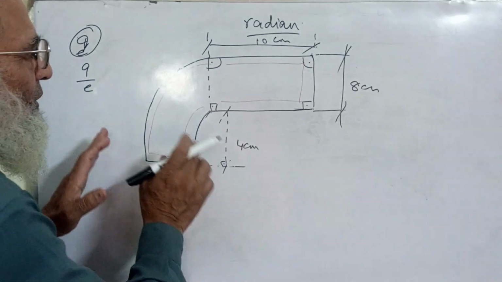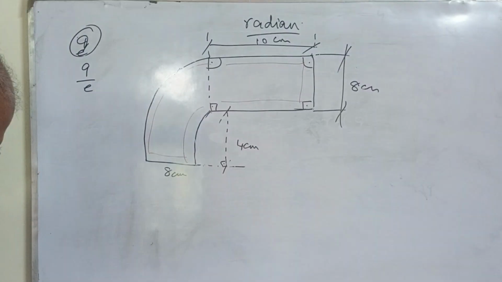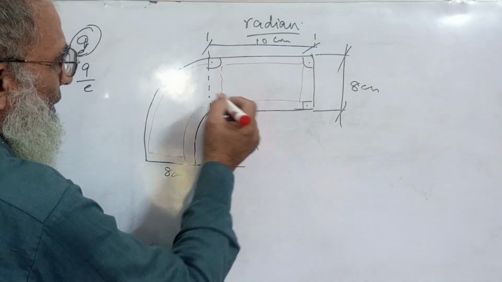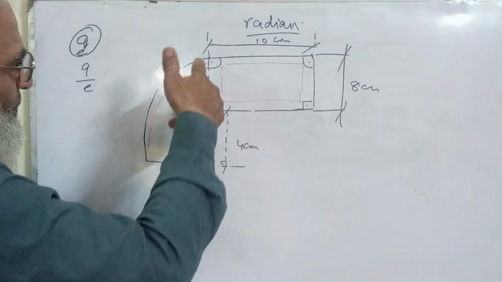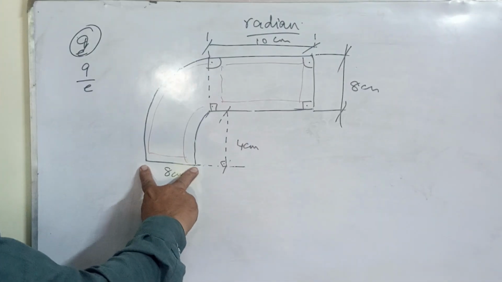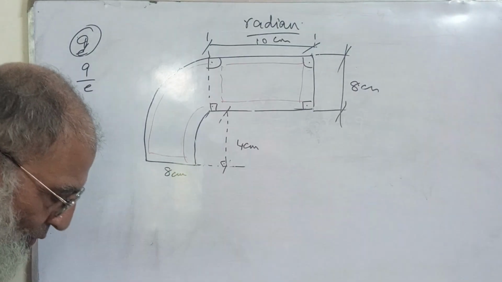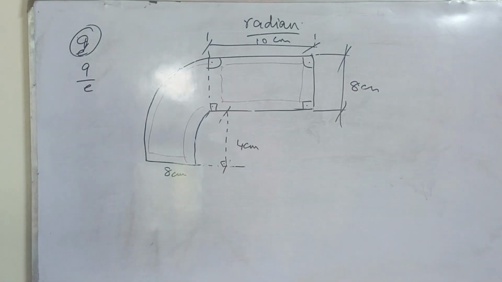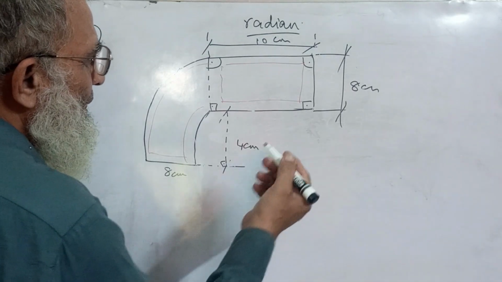So it completes one complete rectangle. It will complete one rectangle. Now this part has been transferred to this part because this is the end part, and this will be included in the perimeter. So it is very simple.